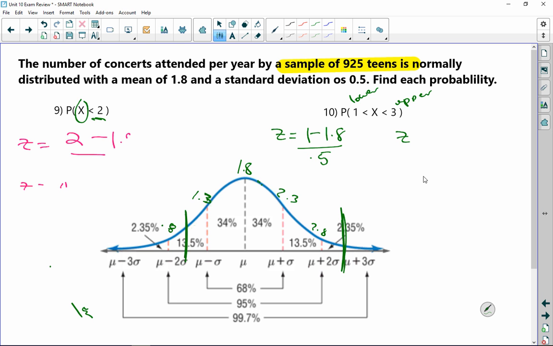And then for the upper end, instead of 1, I'm going to use 3. Write it down. First one's negative 1.6. You got 2.4.